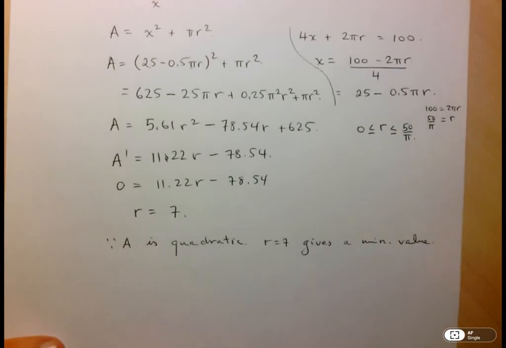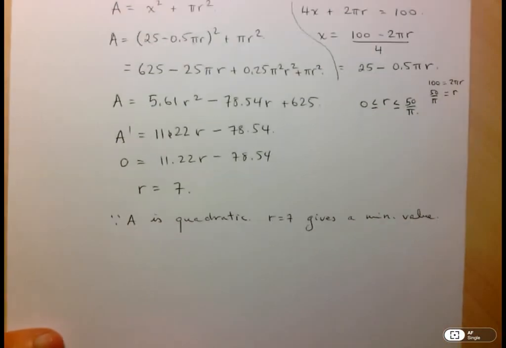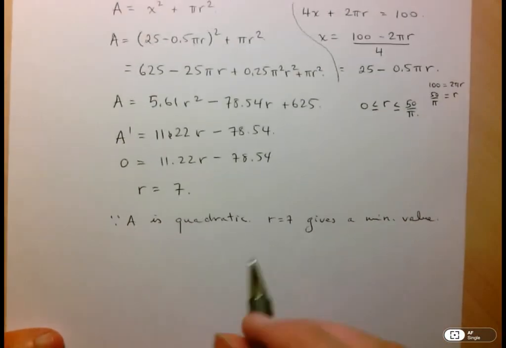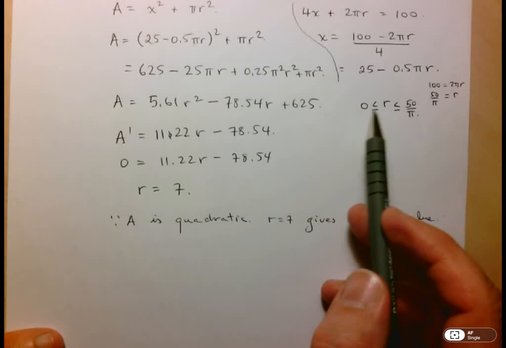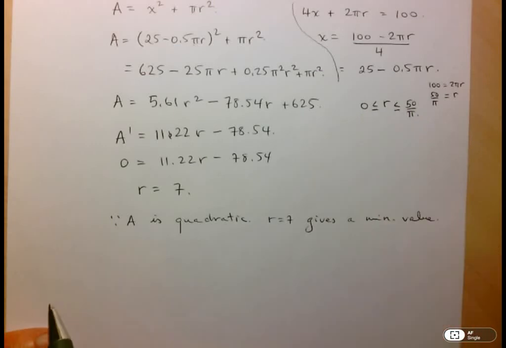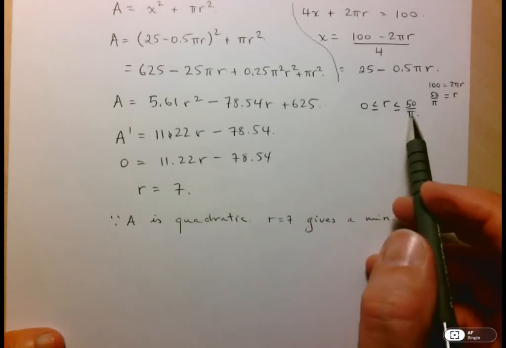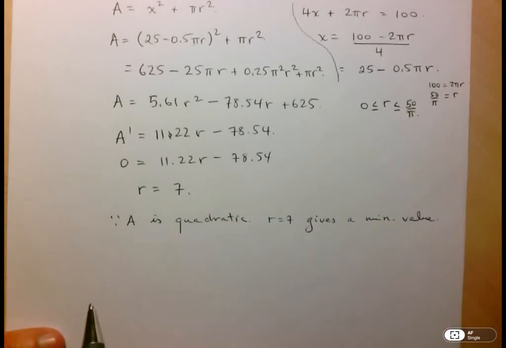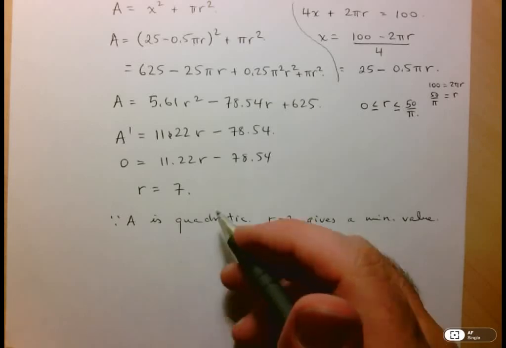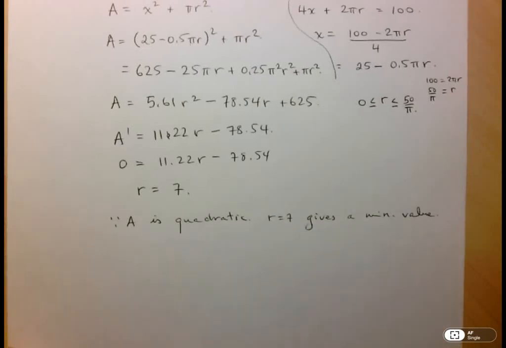Not only does it give a minimum value, it gives us an absolute minimum value. So as long as this is in our domain, that'll be the minimum we're looking for. Okay, so let's just check. 50 over pi is about 50 divided by 3, which is definitely greater than 7. So that means we've actually answered part B.